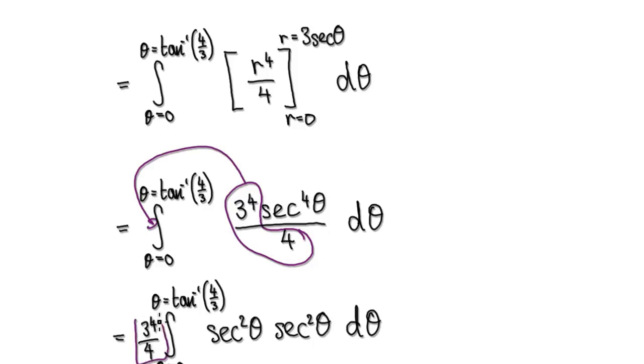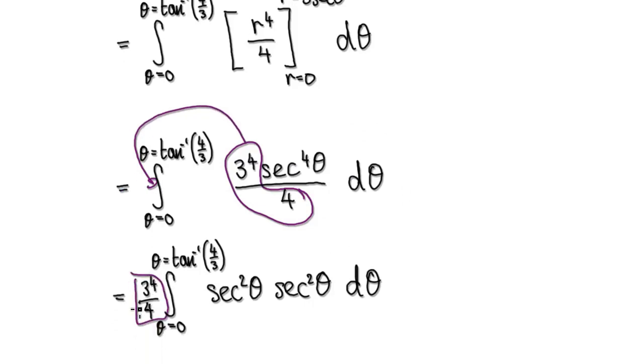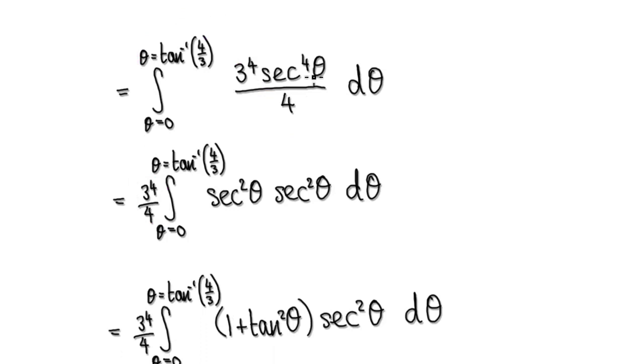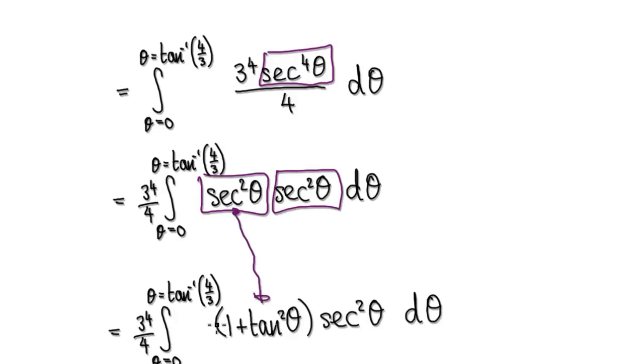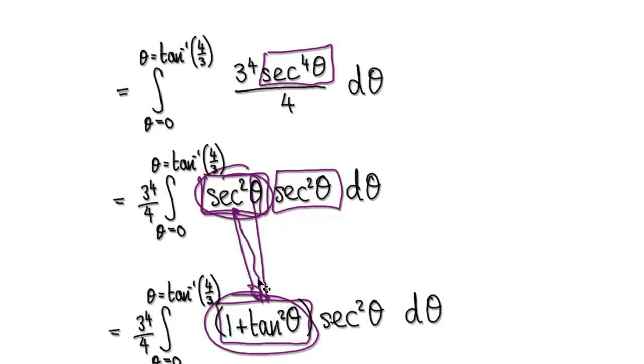That will give us this. And then imagine secant to the power of 4 as one block multiplying another block. And this block here, we can convert it to this. You should know by now that secant squared is the same as this thing here. So we can convert this block to this block here.